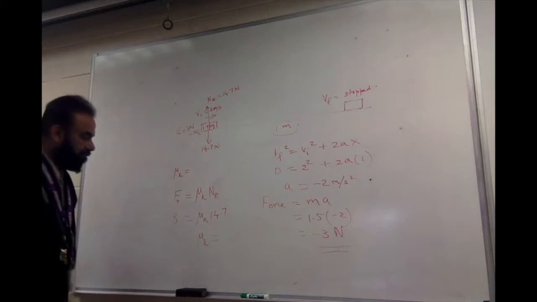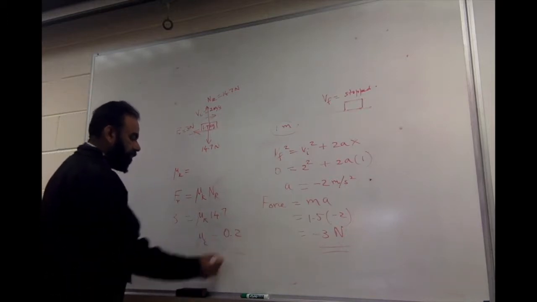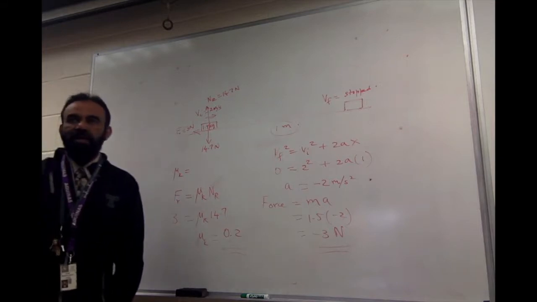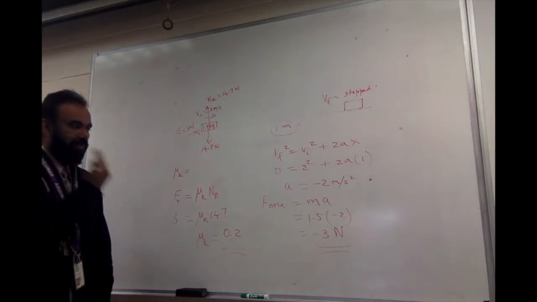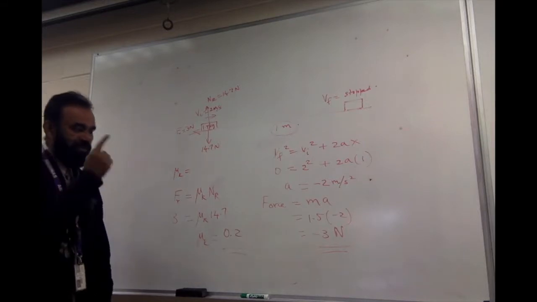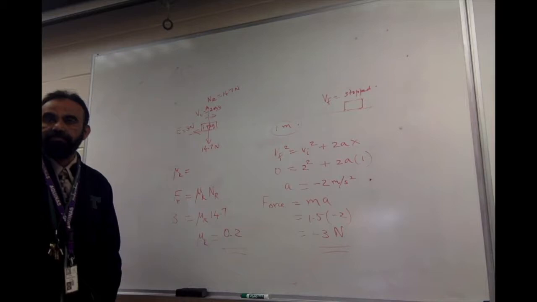How much? 0.2. And you can just go back and see how we solved it. We solved it by using equations of motion, got the acceleration, got the force, got the equation for kinetic friction, and solved it.